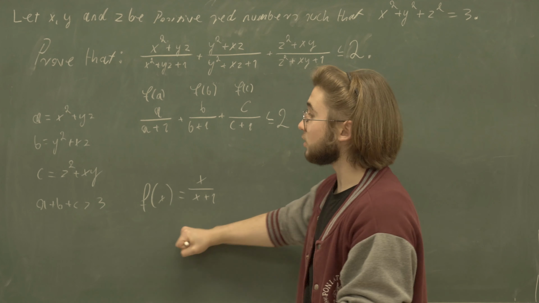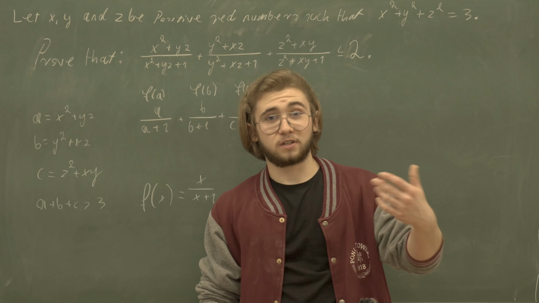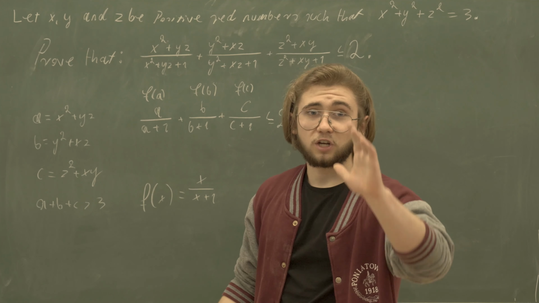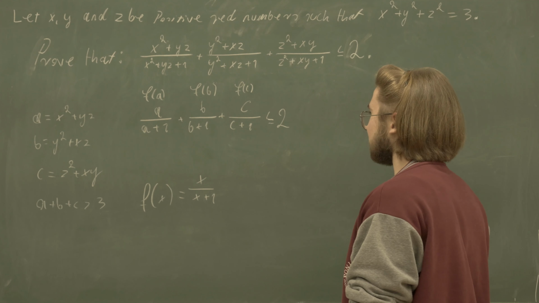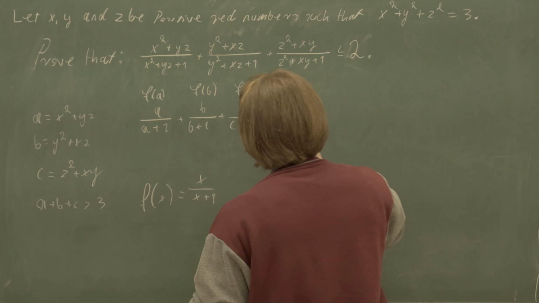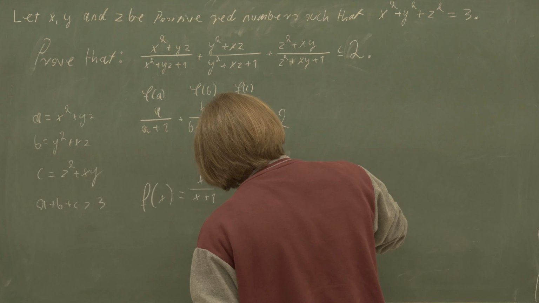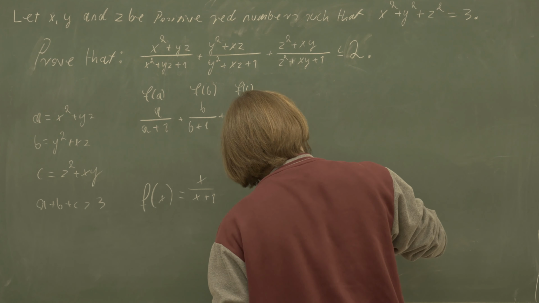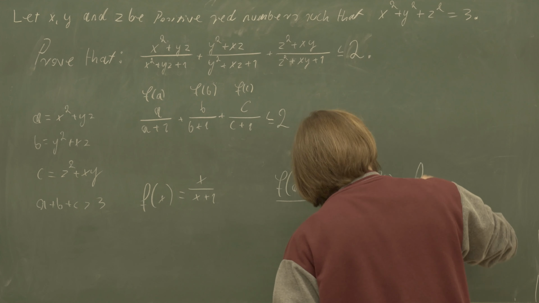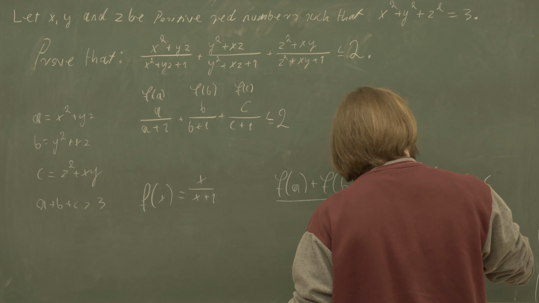Perfect. And why did I do this step? Well, I did that because there is this nice thing called Jensen's inequality. If you don't know what I'm talking about, check out my YouTube channel, because there I have a lecture on that, by the way. This states that for the case of 3 variables, let's say a, b, and c, the average of the function values for those 3 variables is going to be less than or equal to the function value for the average of those 3 arguments.